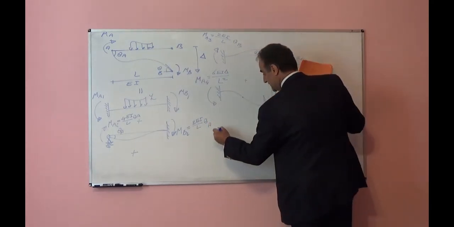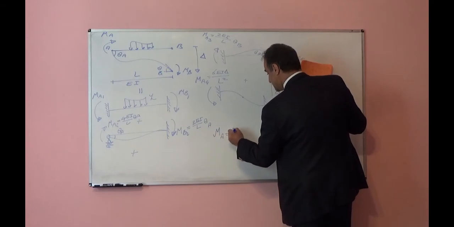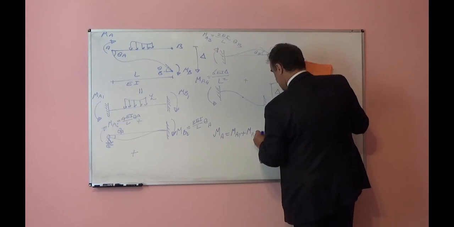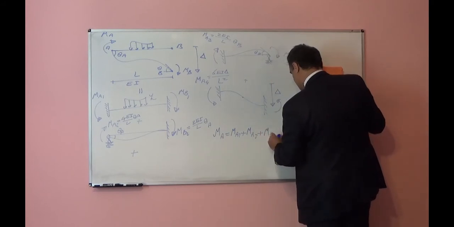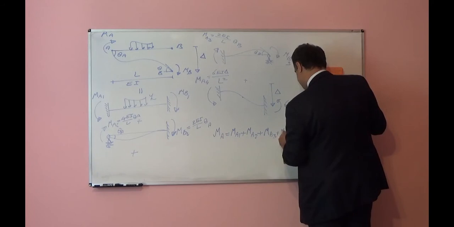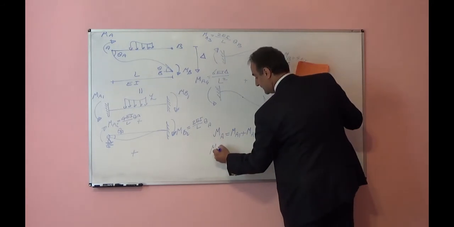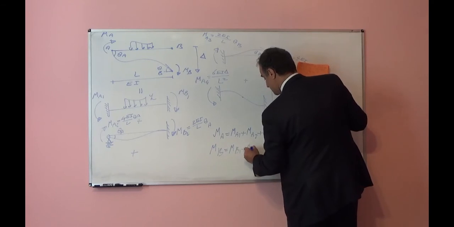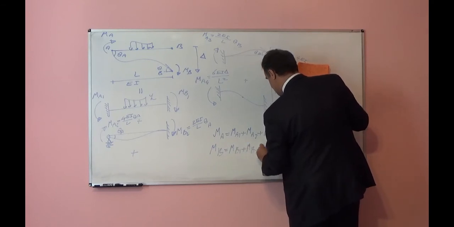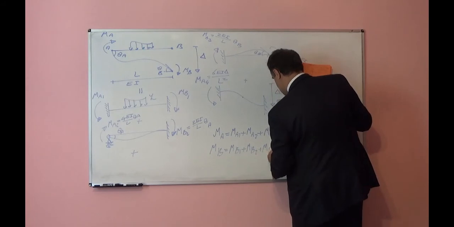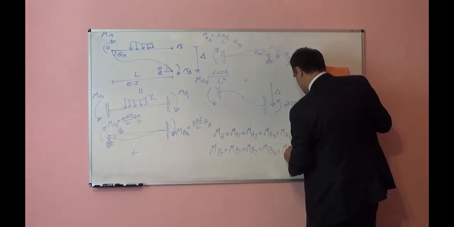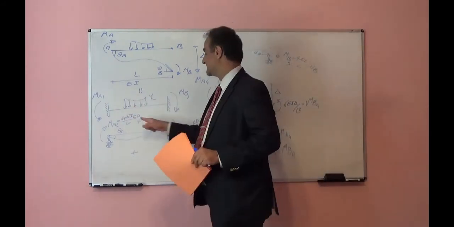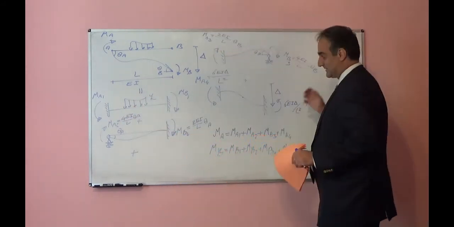So from here, I can write MA is equal to MA1 plus MA2 plus MA3 plus MA4, and MB will be MB1 plus MB2 plus MB3 plus MB4. We have the magnitude of each one in terms of theta and delta.